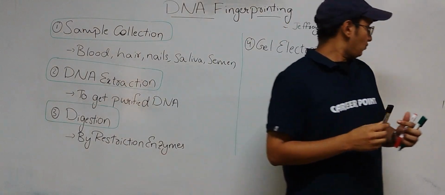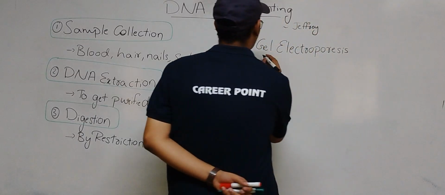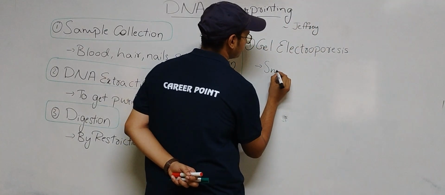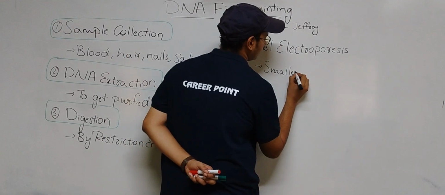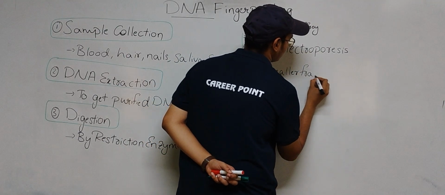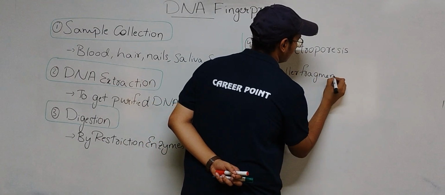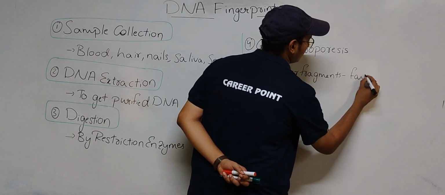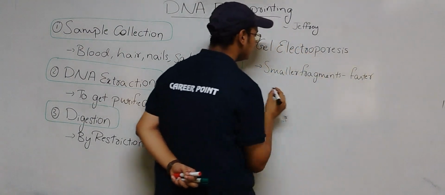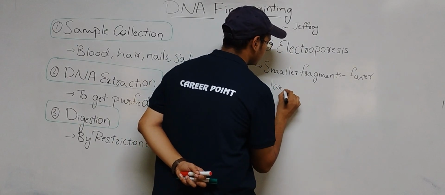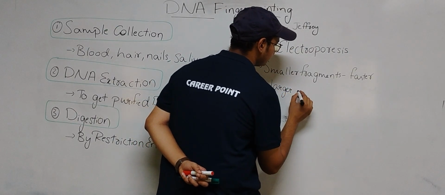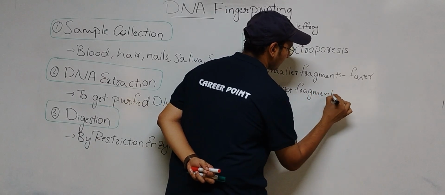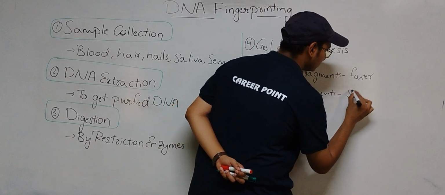So now what happens is the smaller fragments travel faster and the larger ones travel slower.